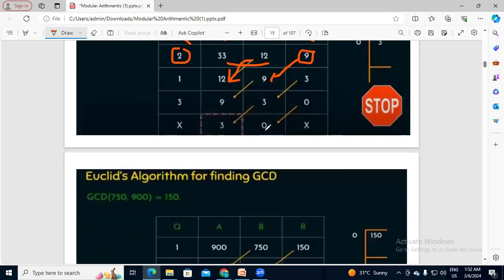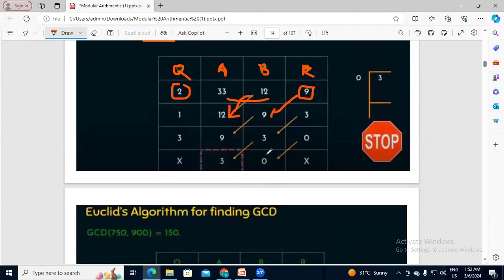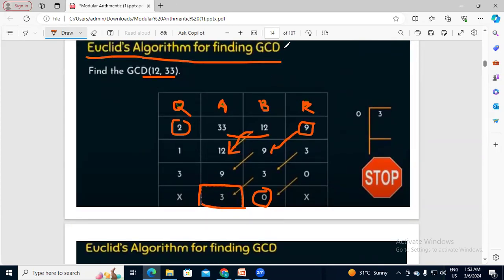You perform this until b becomes 0, and whatever result you have in a will be your final result. That's how you compute Euclid's algorithm.